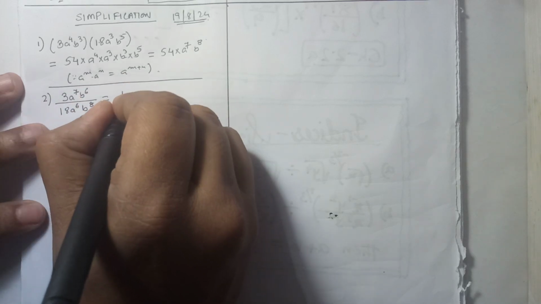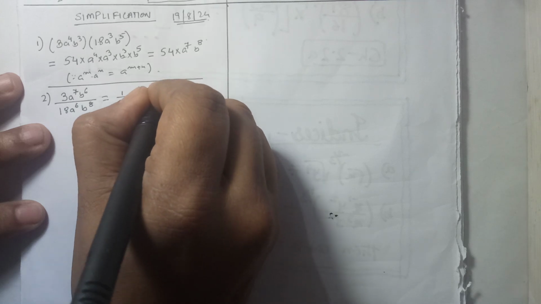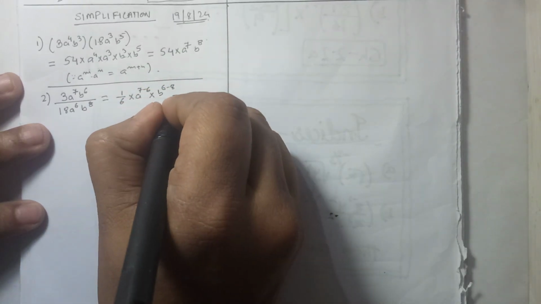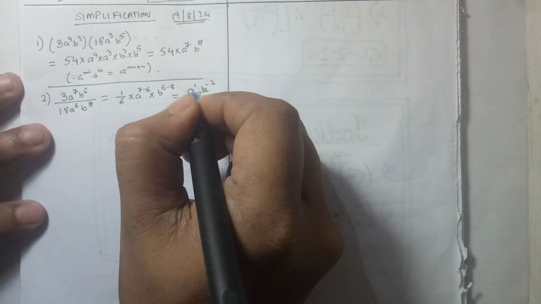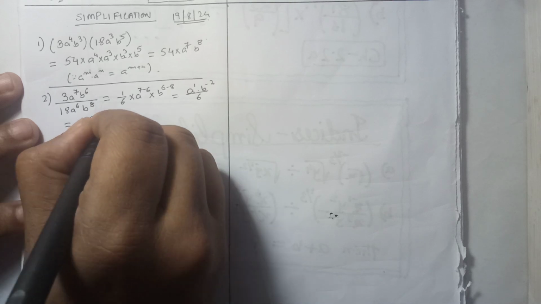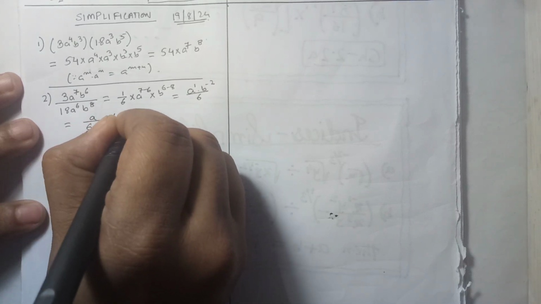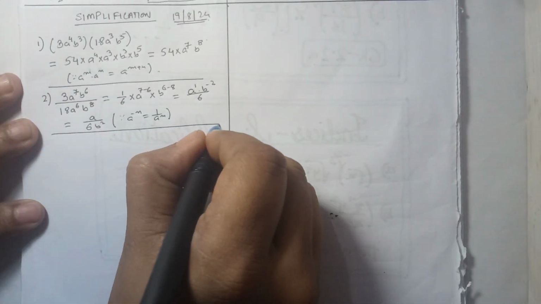When it is division, the power gets subtracted, into b to the power 6 minus 8. This gives you a to the power of 1 into b to the power of minus 2, by 6. This will give you a by 6 b square. Which property? A to the power of minus n is 1 by a to the power of n. Okay.